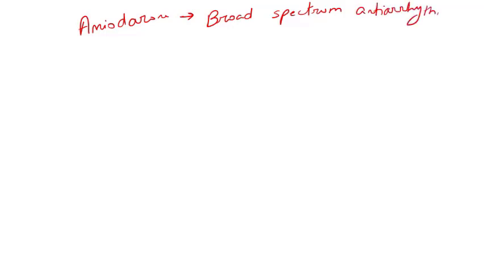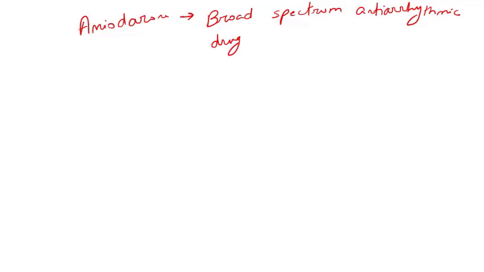Now we will study some features of amiodarone. Amiodarone is a broad spectrum antiarrhythmic drug.